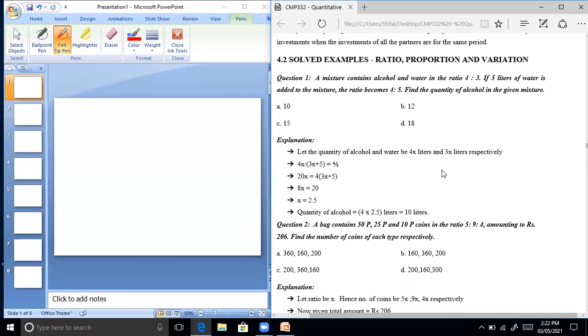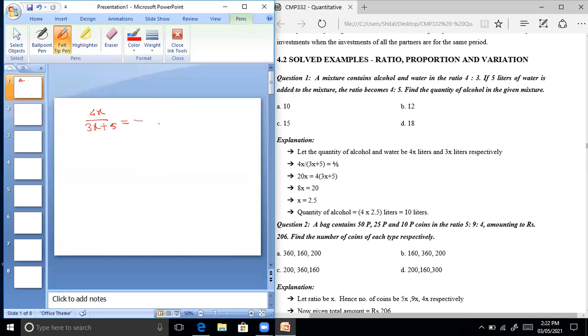Given that 5 liters of water is added to the mixture, the ratio becomes 4/5.